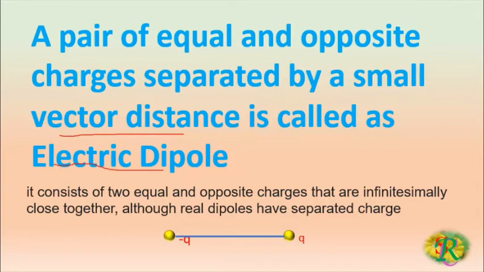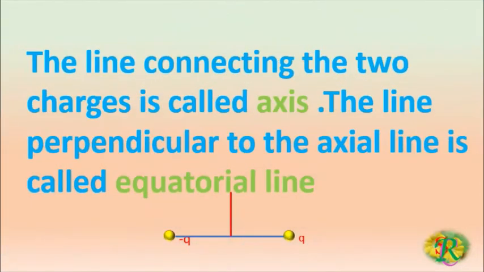An electric dipole consists of two equal and opposite charges that are infinitesimally close together, although real dipoles have separated charge. The line connecting the two charges is called an axis. The line perpendicular to the axial line is called an equatorial line.